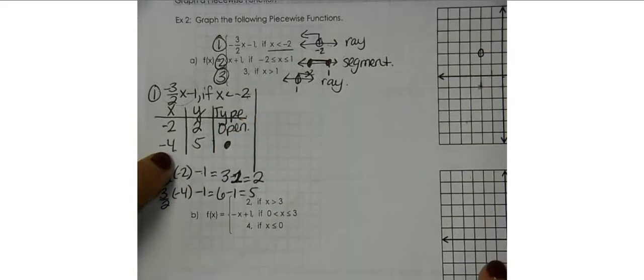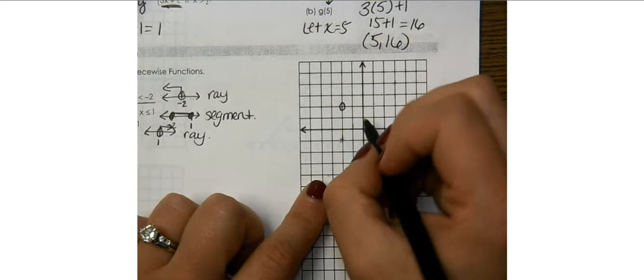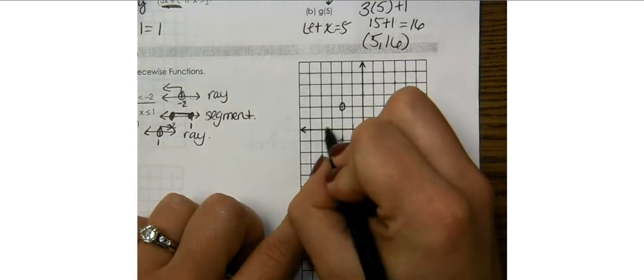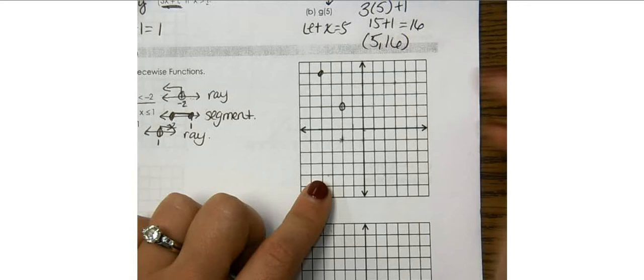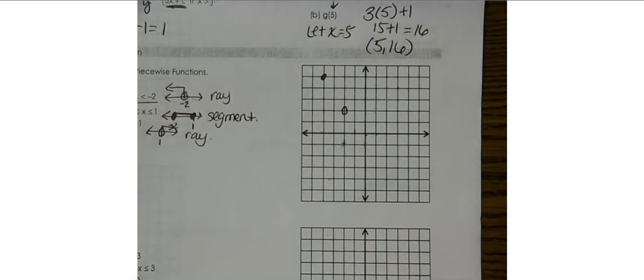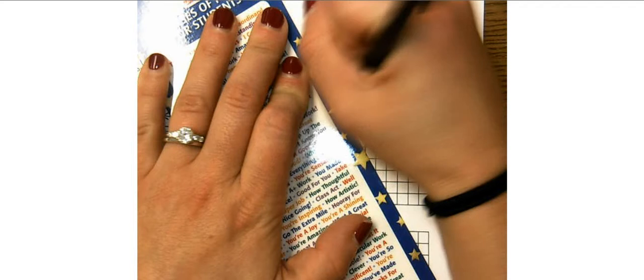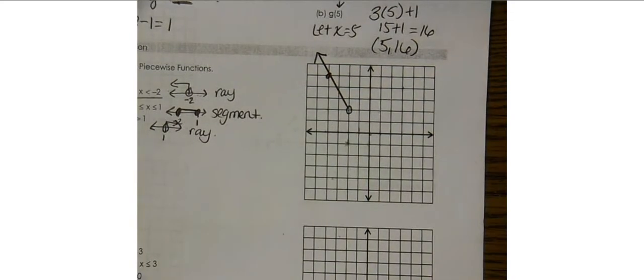So when I plot negative 4, 5, I'm going to make that a normal point. I have 2 points. I now have enough information for me to draw a ray. So if you have a straight edge at home or the side of a calculator, please use that straight edge in order to draw your pieces. And here's my first piece. This is my first ray.